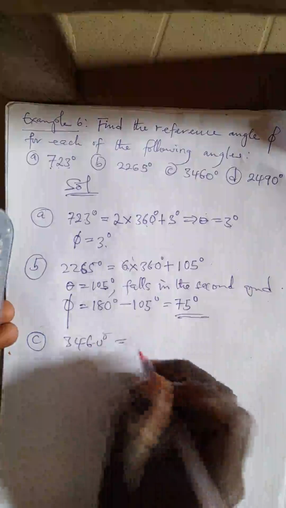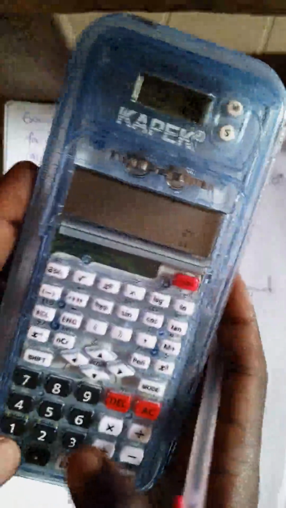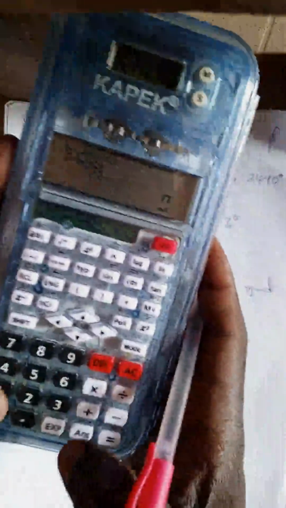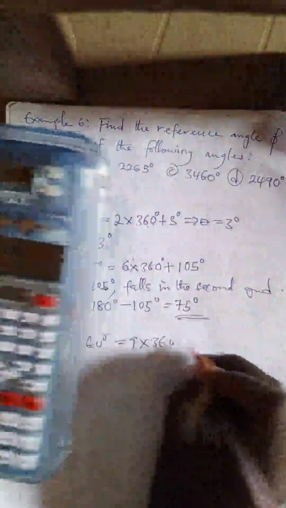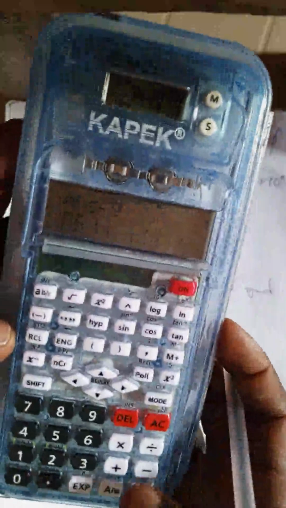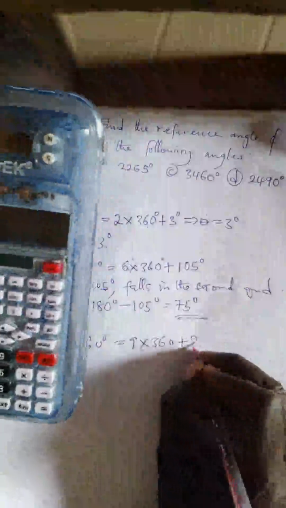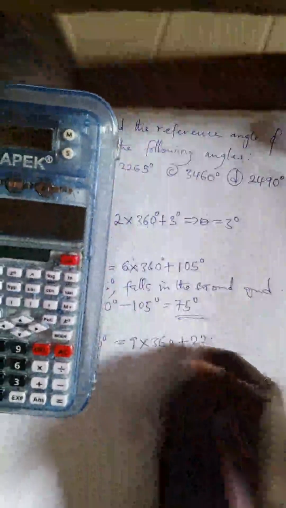So you write 3460 divided by 360 degrees, this is equals to 9 point something. So you have 9 times 360 degrees, and then plus the remainder. You say, okay, the answer minus 9. You remove the whole part, and then multiply the answer by 360 degrees to get your remainder. So I have 220 degrees.